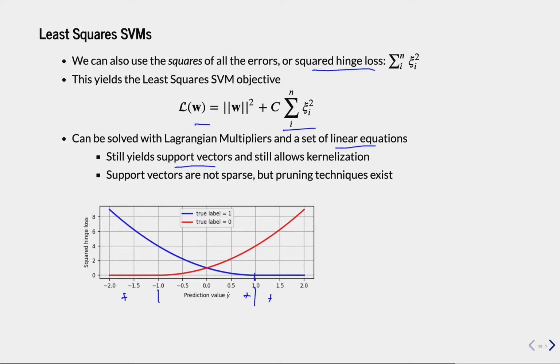With least square SVM, we don't get a sparse solution, so we get many support vectors with small weights. But there exist some proving techniques which do allow you to remove the points which don't influence the decision so much. And in that case, you can still have a sort of sparse model.